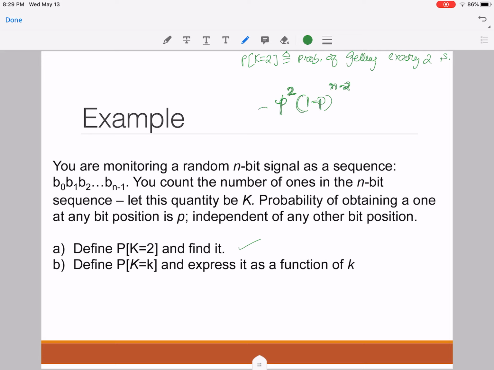That's the probability of exactly one sequence with exactly 2 ones.